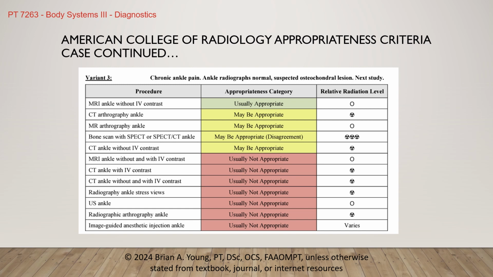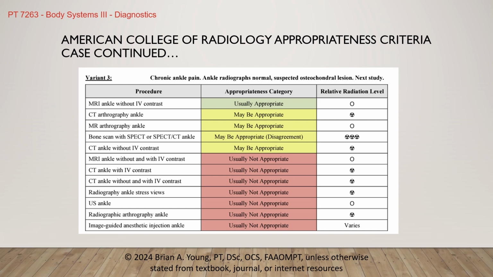Again, CT is very much based off of radiograph technology. MRI is going to look at different types of tissue structures better to meet this hypothesis that we suspect an osteochondral injury.